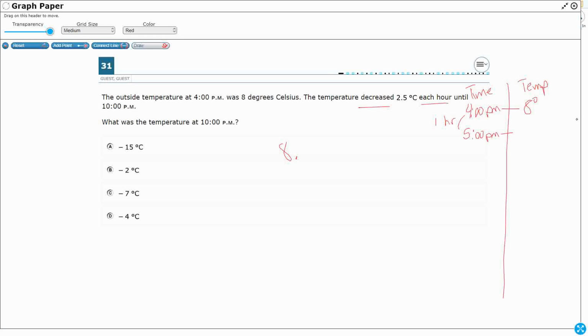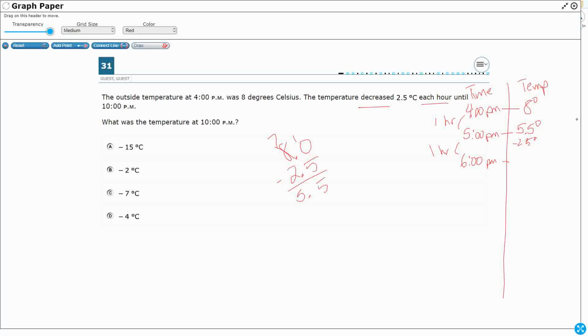So, let's make sure we add a decimal to the 8.0 so we can do some regrouping. And so that's going to be 5.5. All right, so now I got a decimal, 5.5 degrees at 5 p.m. So I'm just going to continue that. Let's take another hour. That is one I could do without the regrouping, right?